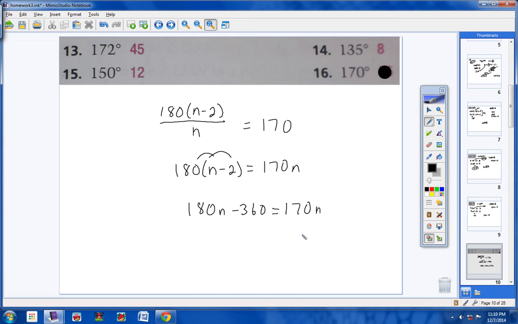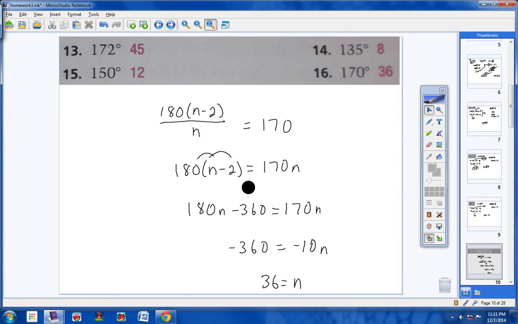Bring your 180 over, make it negative. 170 minus 180 is negative 10. Now divide both sides by negative 10. 36 equals n is the answer. So this polygon has 36 sides.